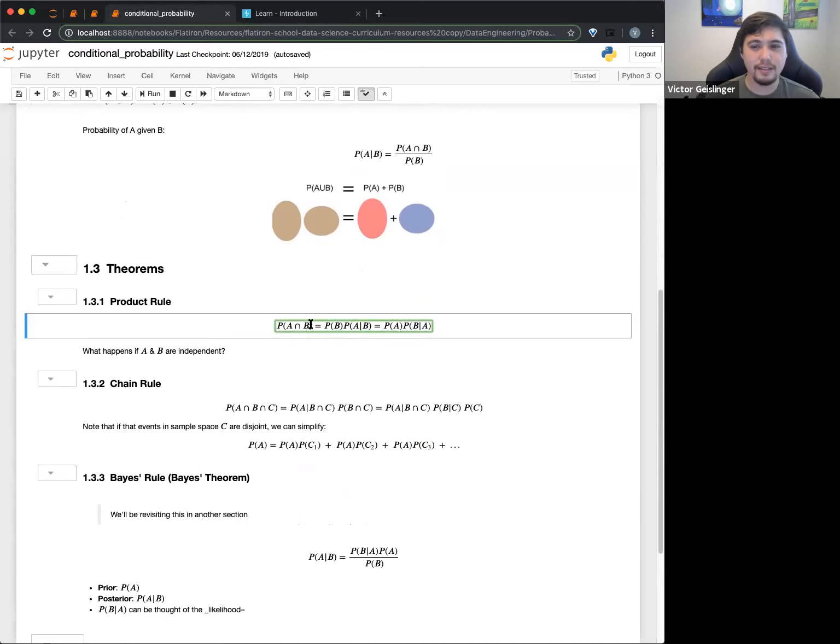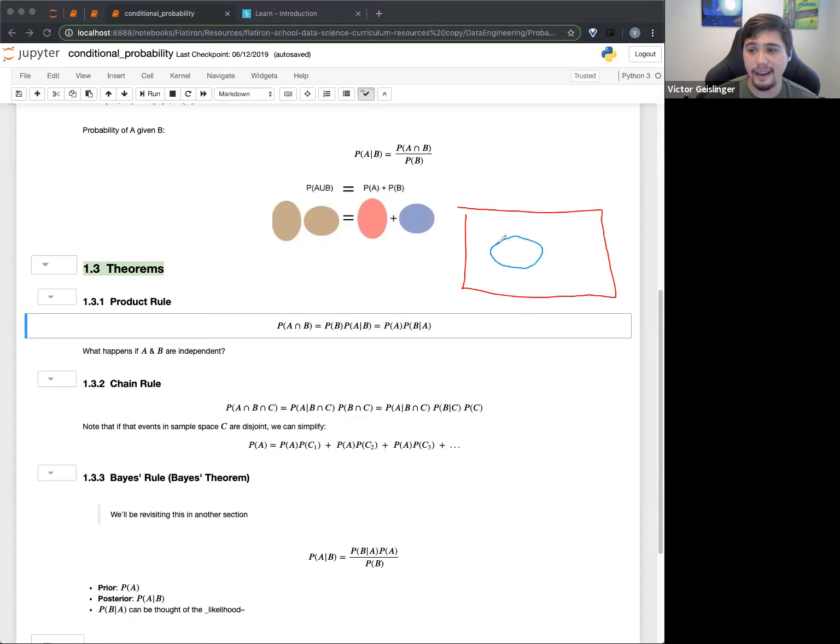So the way I phrase this is, if we have P(A and B) equal to the probability of B times the probability of A given B, what this could look like is, let's say I have this full event space. I'm going to draw this full event space, and this is the probability of A. The curriculum actually gives a pretty similar description.